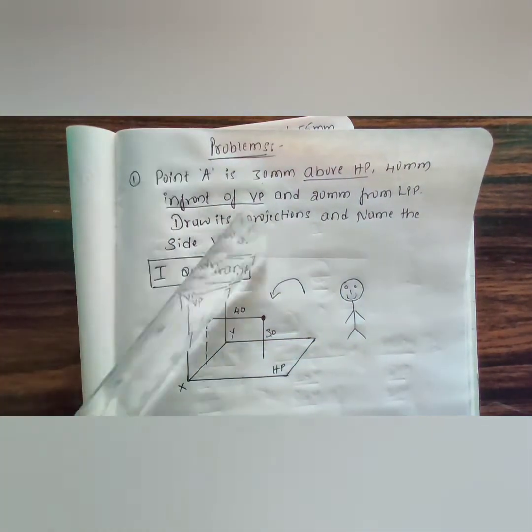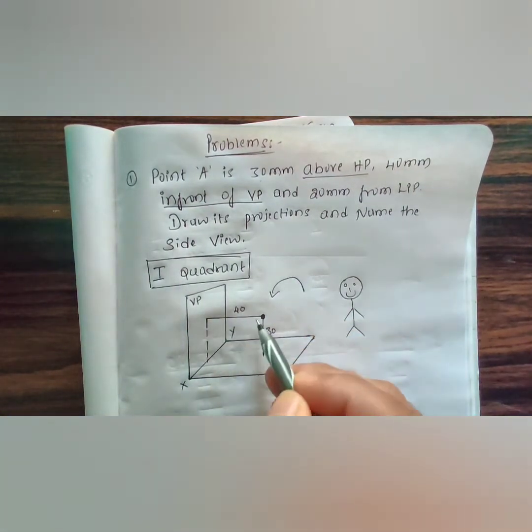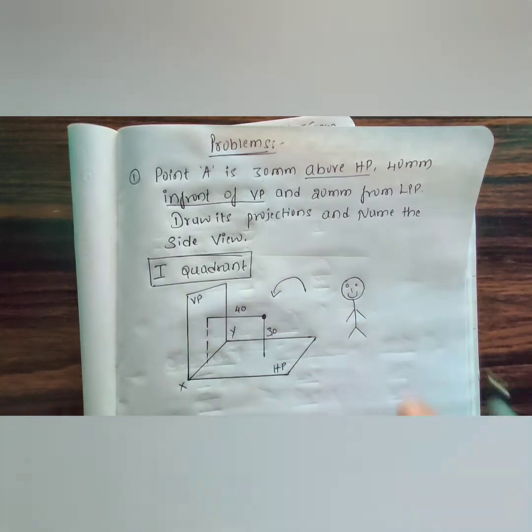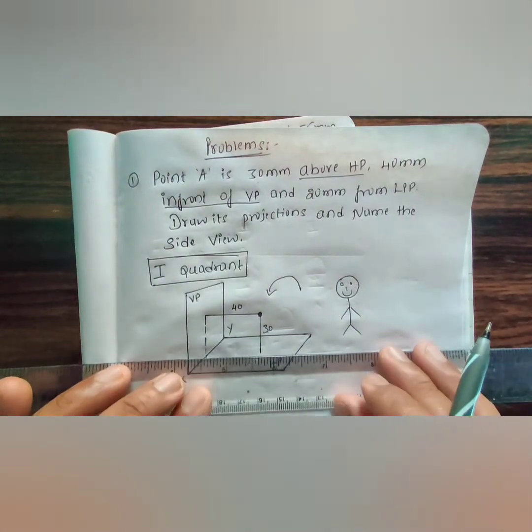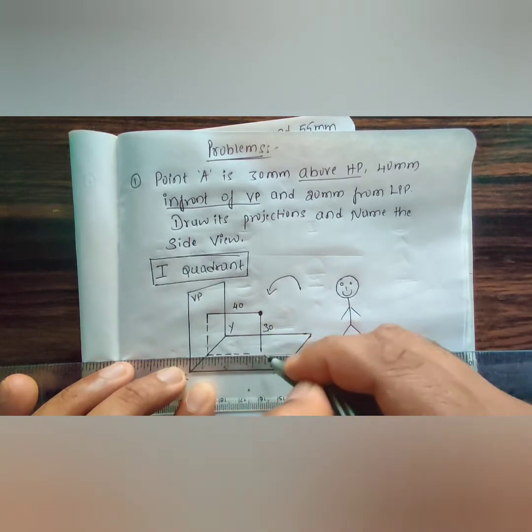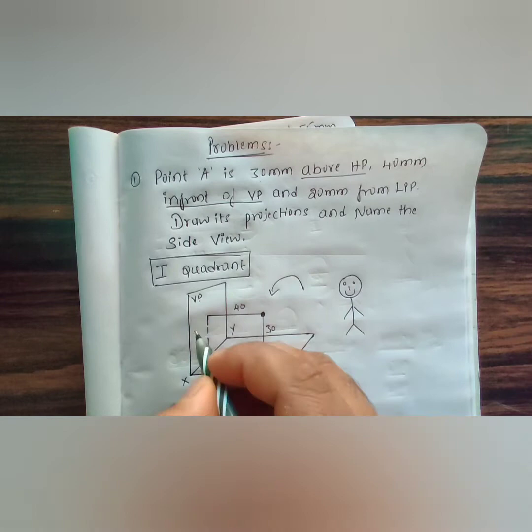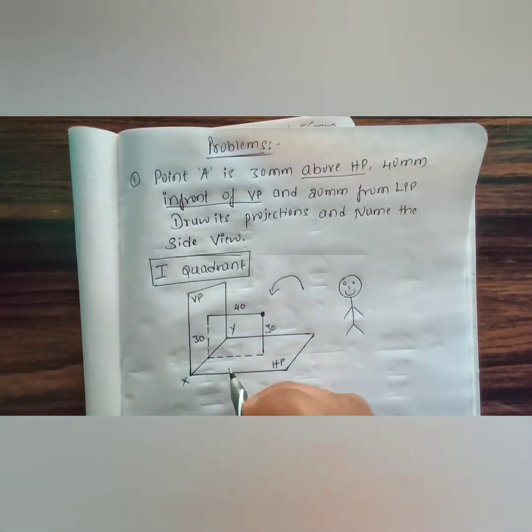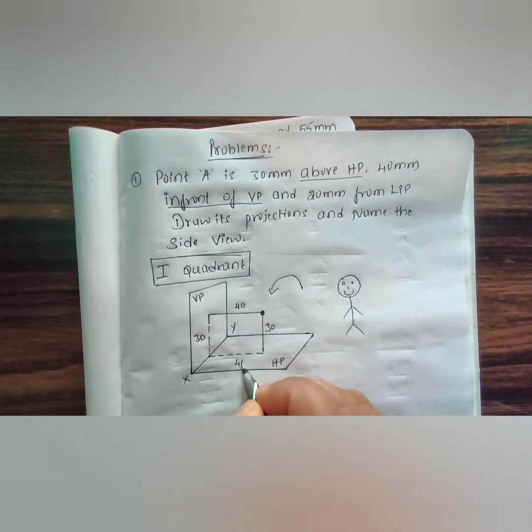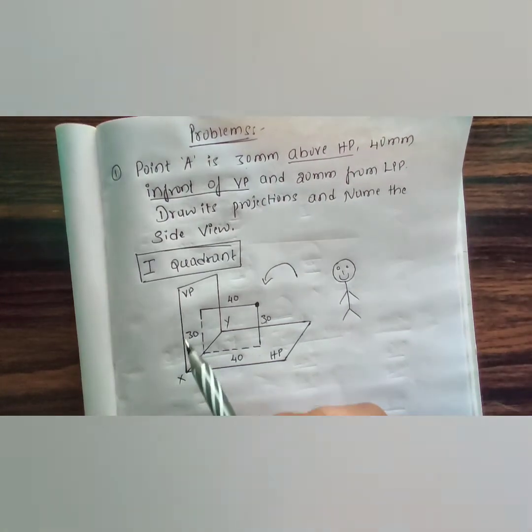So this is the projection, and once this observer sees the top of this 40 distance, then this 40 distance will be projected on this. Correct. So now of course this is 30 and this is 40. Correct. So we have generated the solution actually now, but it is in 3D.